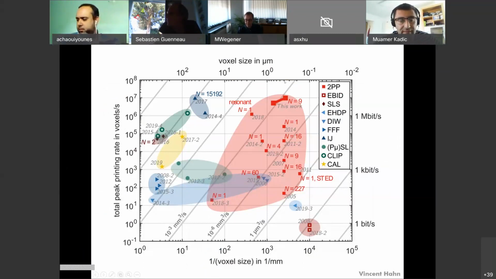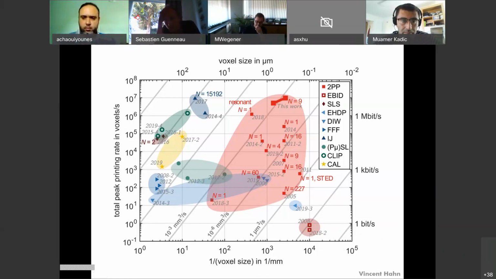Actually, it's the average, if you want to be precise, between the lateral and the axial direction. If you look at other approaches, like STED-assisted approaches or electron beam-induced deposition, they are better. Here you get down to about 100 nanometers feature size, but at the price of being 1, 2, 3, 4, 5, 6, 7 orders of magnitude slower.